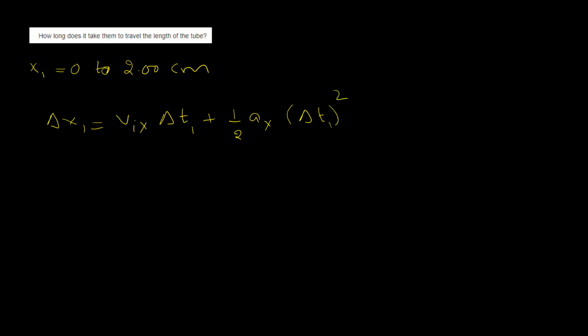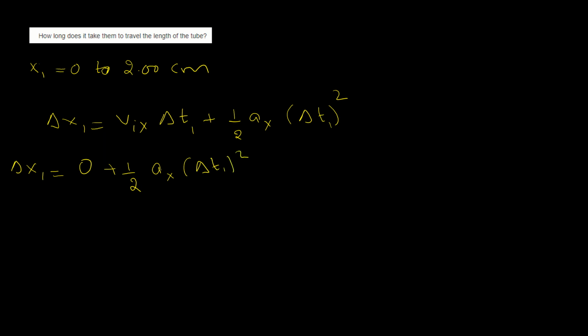So this is basically s equals ut plus half at square, but since we are just taking the x coordinates, this is going to be the equation. Then delta x1 equals, since v_ix is 0, half of a_x delta t1 squared.